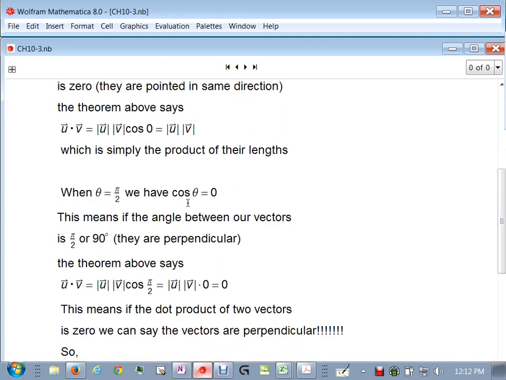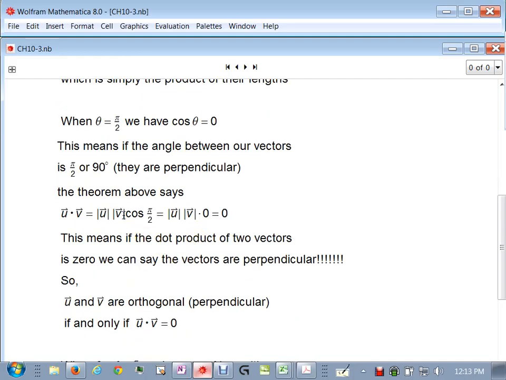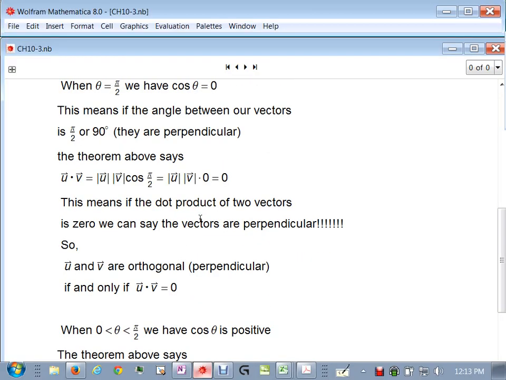Now, what if the angle between them is pi over 2, 90 degrees? What's cosine of 90 degrees? Cosine of pi over 2 is 0, which means the lengths don't matter anymore, because this is all 0. And this is one of the biggest points I can make in this section.